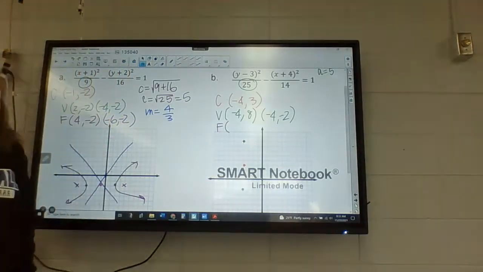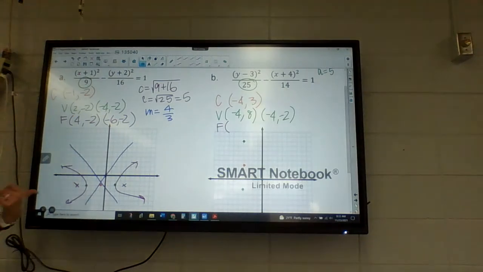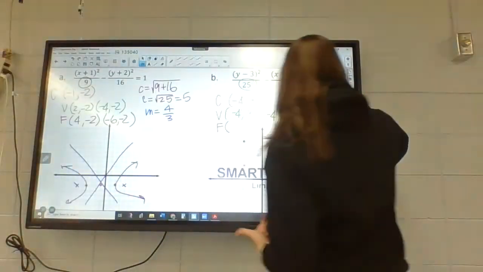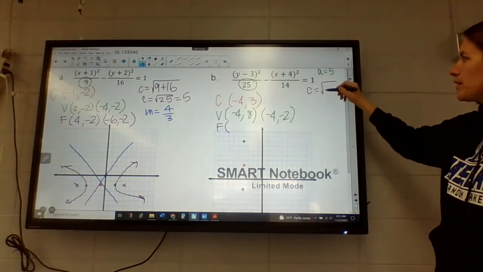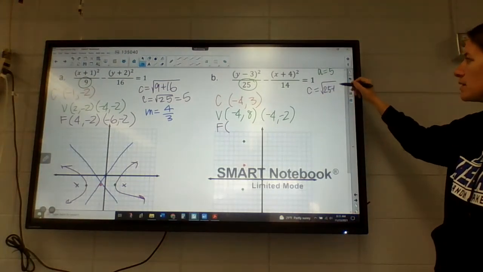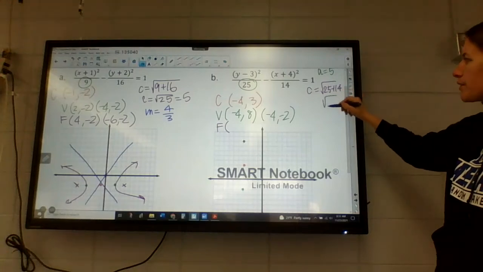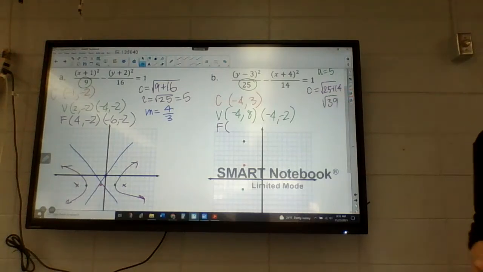And then our foci needs to come from our C value, which I do not believe is a nice C value. It's 25 plus 14, so the square root of 39. This is like 6 point something.